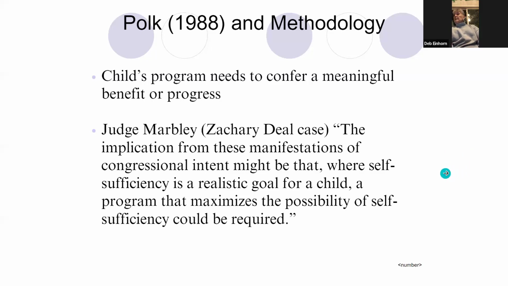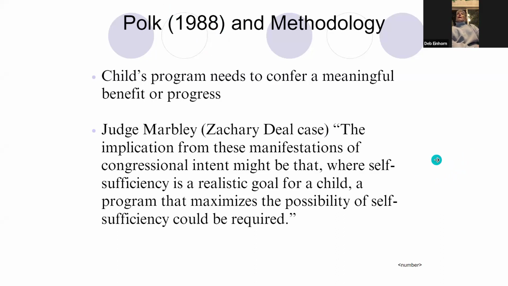And so they were requesting a specific methodology. But the services the school district was providing was helping the child to make adequate progress. So that was the standard for determining what were appropriate services for children for many, many years. The Rowley case was the standard.